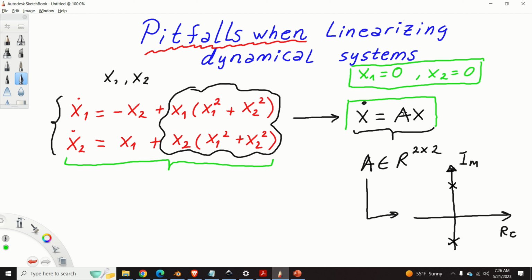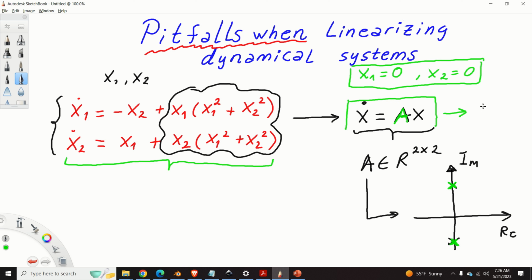Since the eigenvalues of the matrix A of the linear system are on the imaginary axis, we can safely conclude that this system, or better to say, the equilibrium point of this linear system is stable. And this is a correct conclusion. Definitely, the system is stable, however, it's not asymptotically stable.